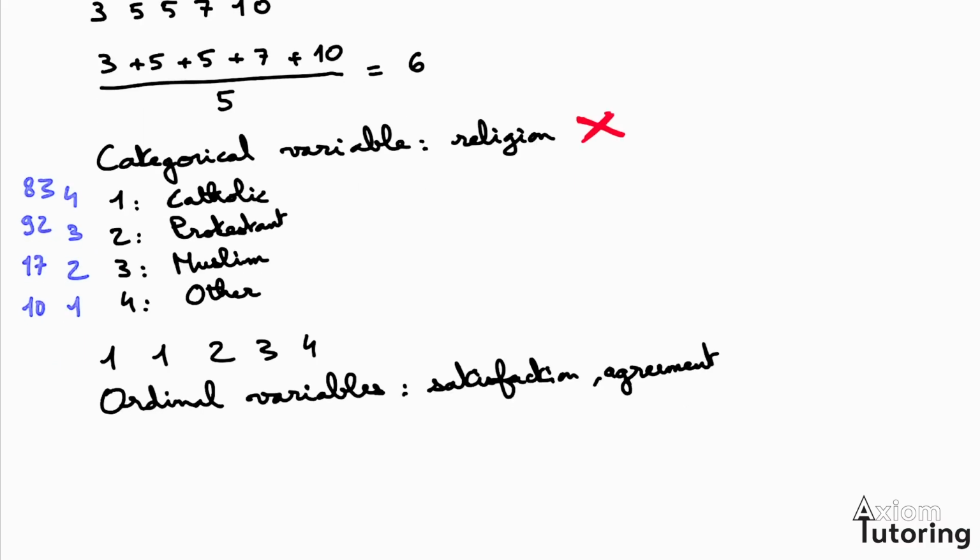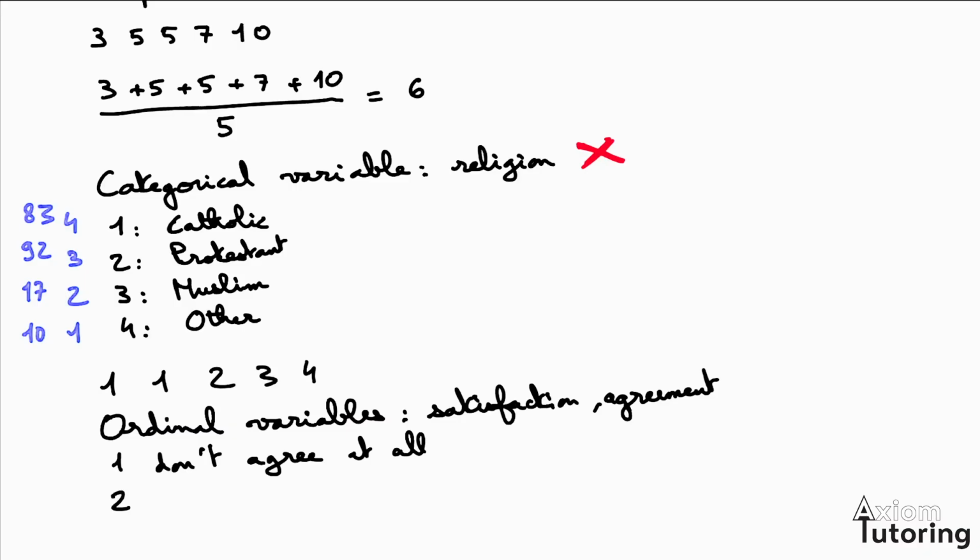It's coded the same way, 1 to 4, for example. 1 is don't agree at all, 2 might be don't agree, 3 would be agree, and 4 would be fully agree.